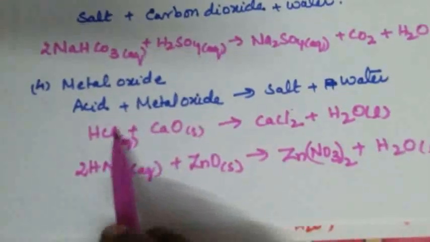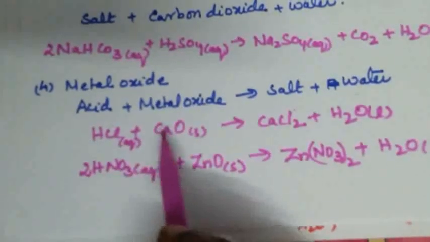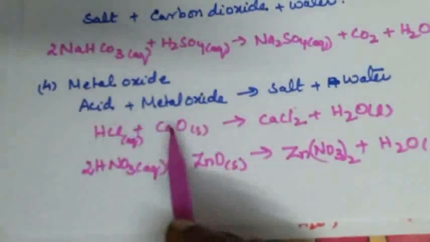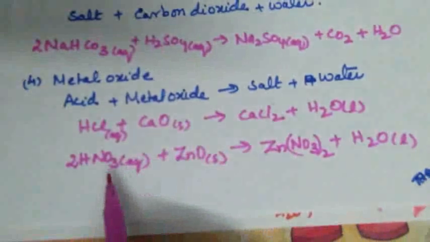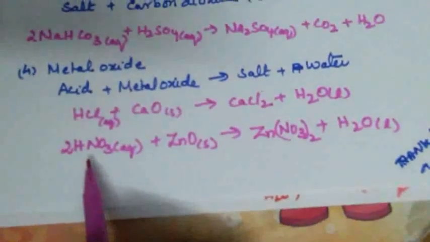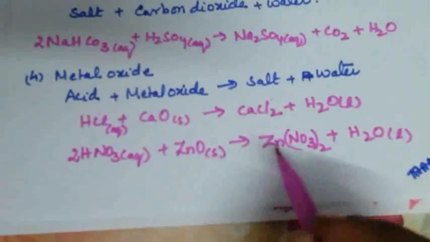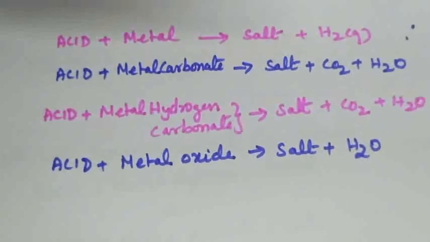So what is the reaction? Again salt, calcium chloride is formed, since I have taken HCl. And what is the other product? It is oxide and hydrogen joined to form water. So simple a reaction. Another example: HNO3, nitric acid, with zinc oxide gives you zinc nitrate and water. So simple it is.